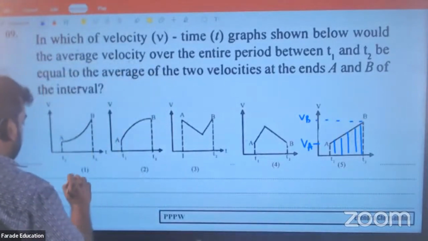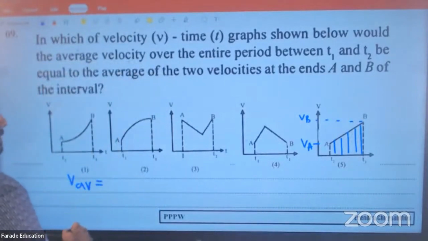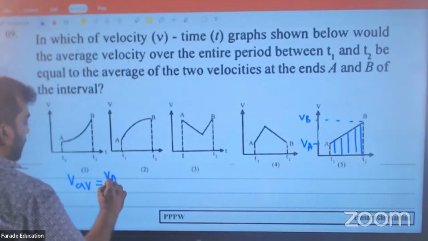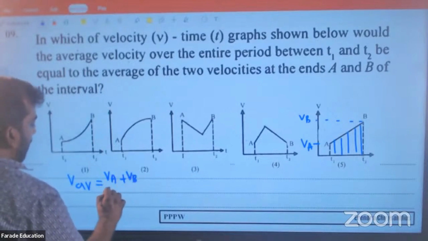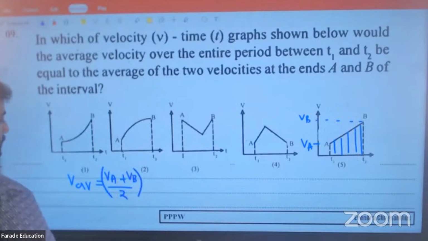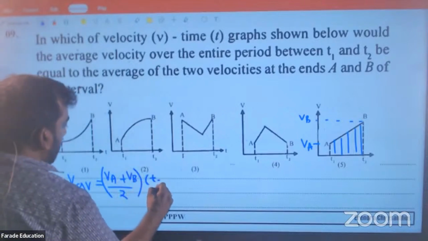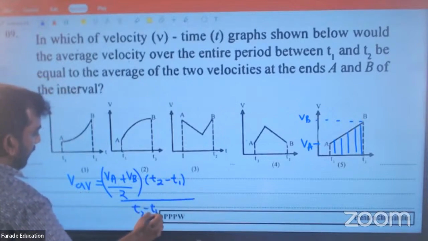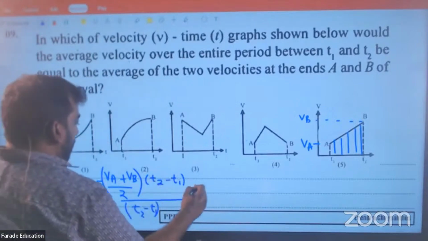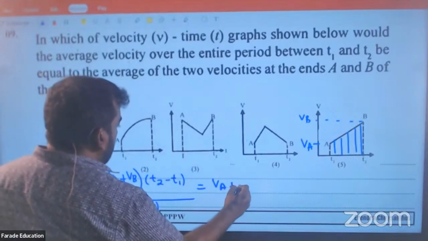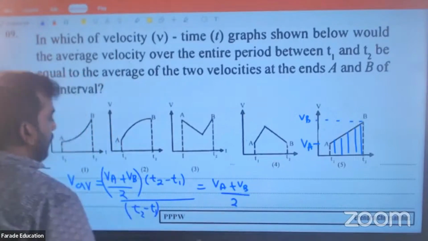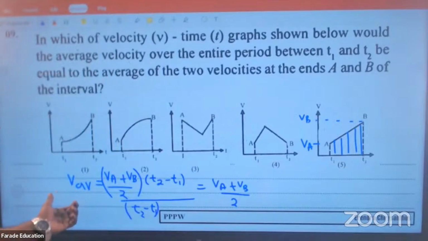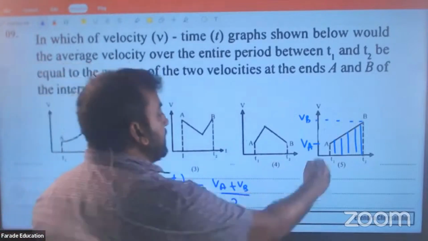Total displacement is the trapezium area: VA plus VB divided by 2 into time T2 minus T1, divided by total time T2 minus T1. T2 minus T1 cancel off, leaving VA plus VB divided by 2.